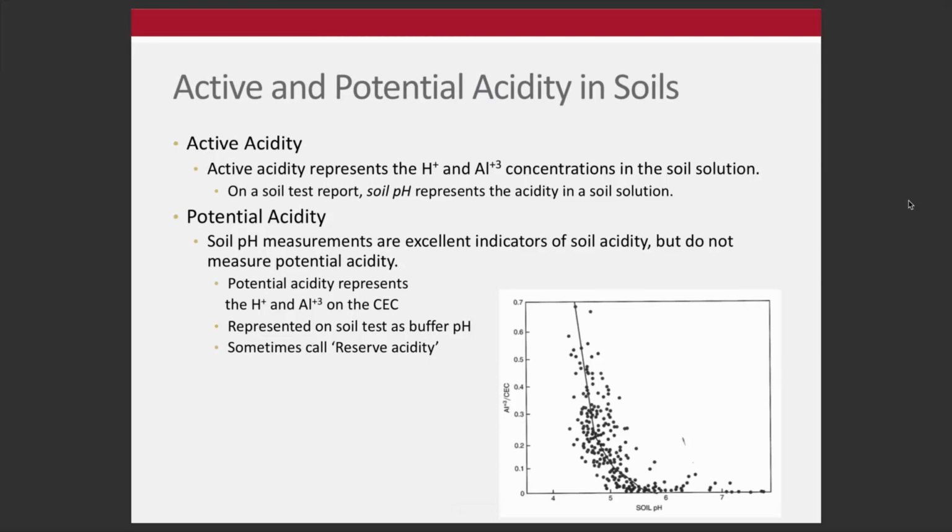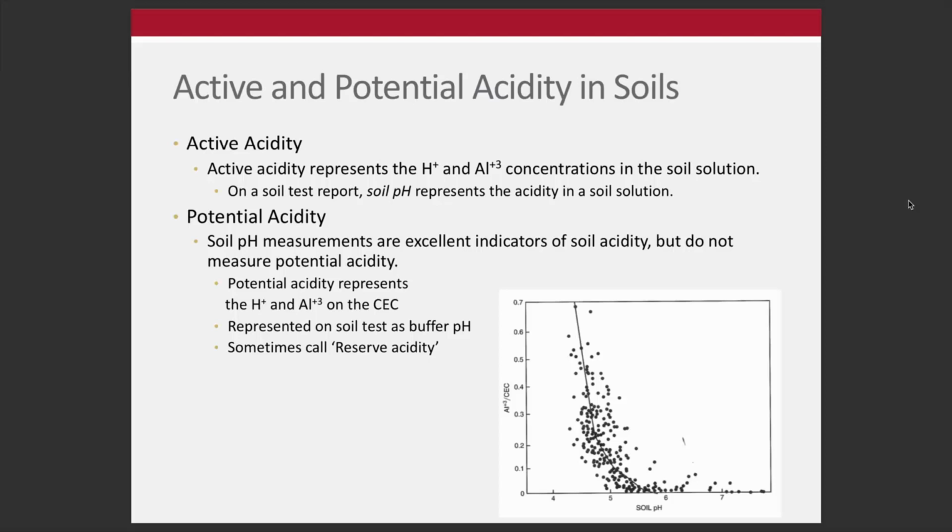It's important to differentiate between active acidity and potential acidity. So what does that mean? Well, active acidity represents the actual quantities of hydrogen and aluminum concentrations in the soil solution at any given time. So it's literally the pH at any given moment. On a soil test report, soil pH represents that active acidity in solution.